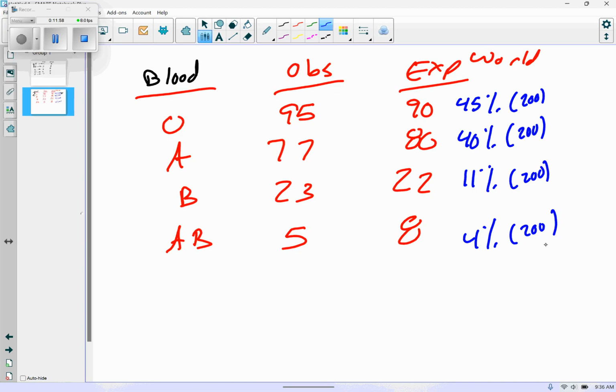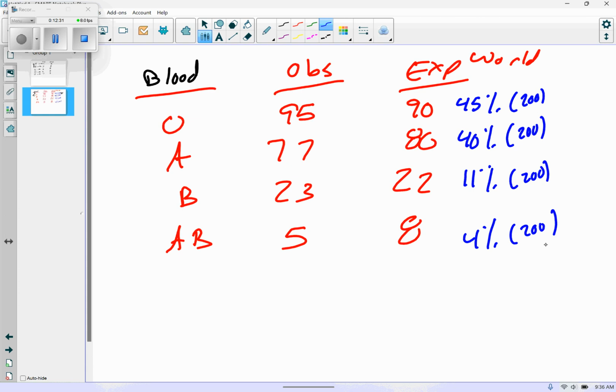Being that we had 200 people, you have 45% of 200, so you're hoping that 90 people had a type O. We happen to find in our sample that 95 out of the 200 did. 40% of 200 is 80. So we got 77. 11% of 200 is 22. We got 23, and 4% of 200 is 8, and we got 5. So our observed counts are somewhat different than the expected counts. Is there evidence in this data that the blood type distribution is different?